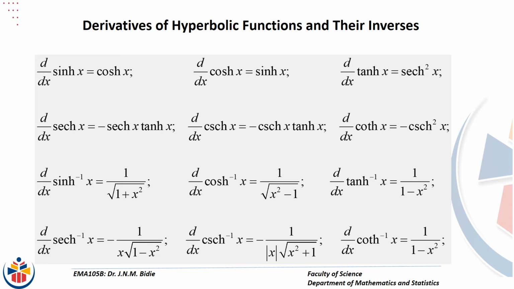So I need you to note the differences between the straightforward trig functions and the hyperbolic functions and their derivatives. And also note the derivative of the inverse hyperbolic functions compared to the inverse trig functions. We'll use this as we move.